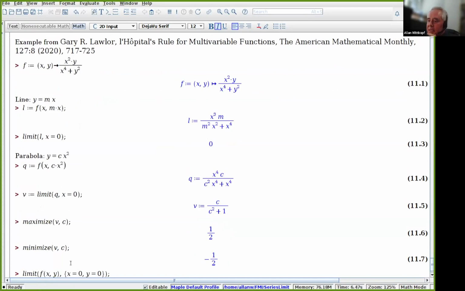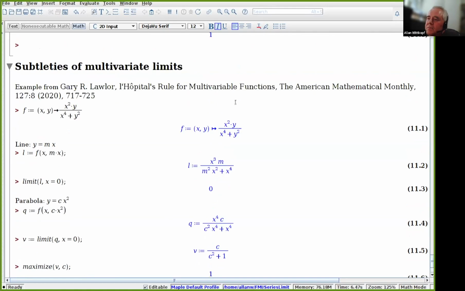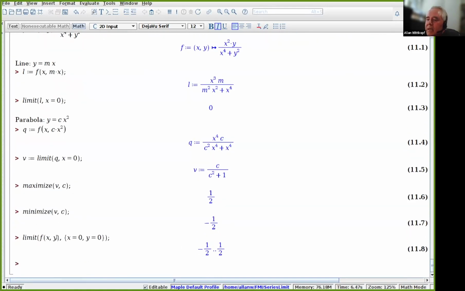And we can compute the maximum and minimum of this to be minus a half and a half, respectively. Now, limit figures this out on its own. So it's got the algorithm, the knowledge from this reference built in. And in fact, the minus a half and the half are the extreme quantities for this.